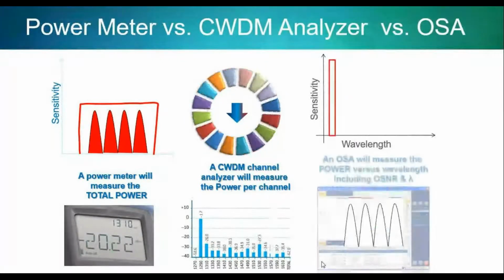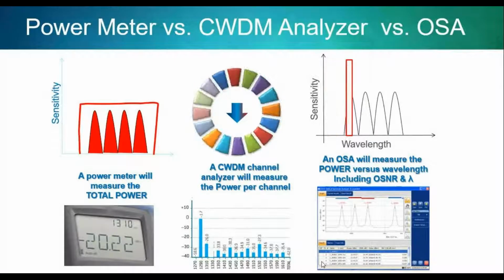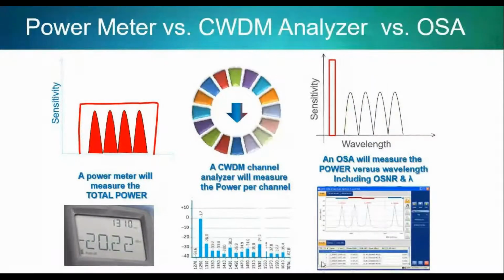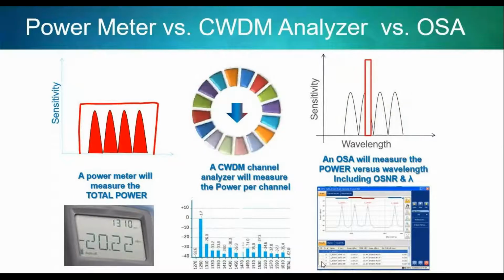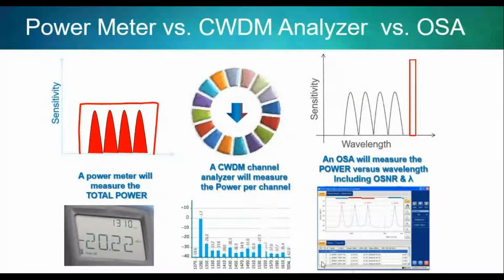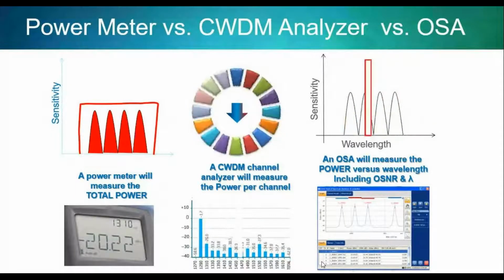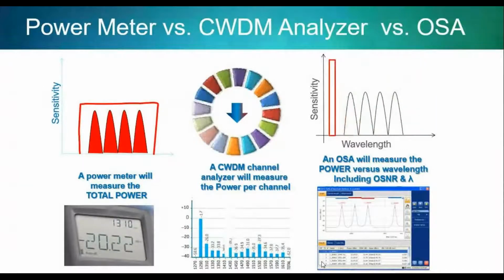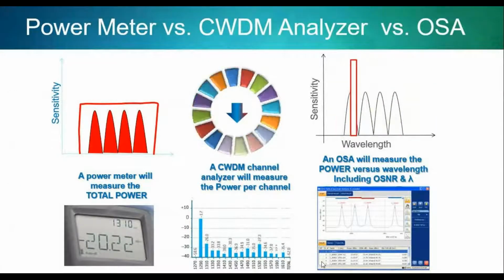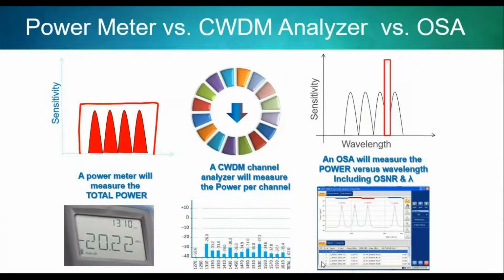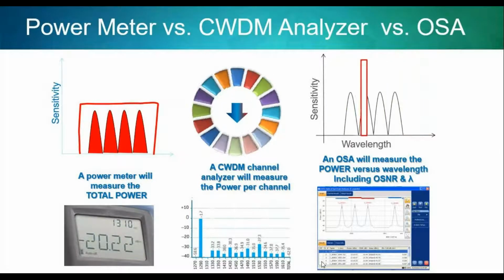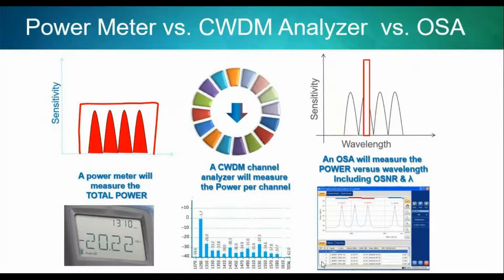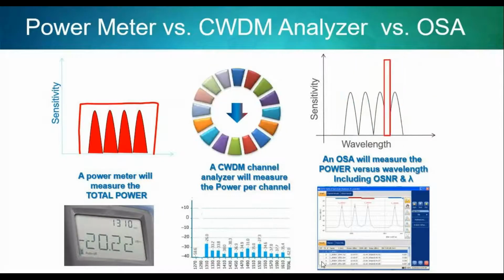From an OSA standpoint, you're scanning through the whole wavelength range, and you can look at the power versus wavelength, and that's what it is from an OSA perspective. It's really power versus wavelength, and then there you can include information in terms of the signal to noise ratio and the actual wavelength. And this is where we're going to go into a bit more detail in the next few slides.